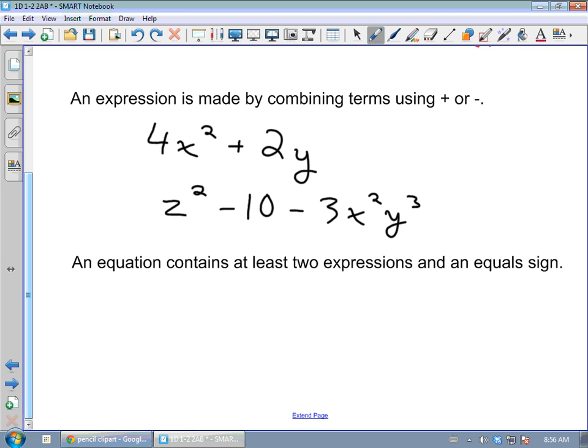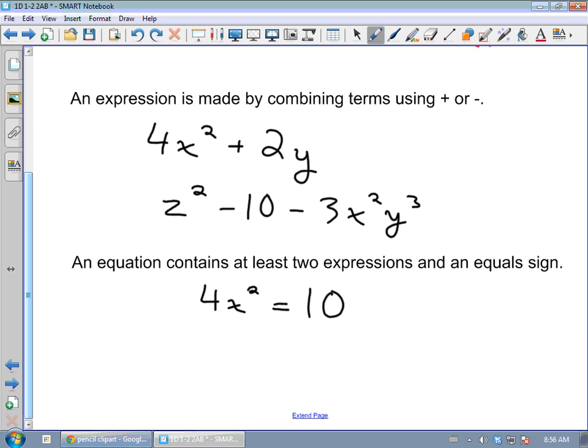And if we have an equation, we need at least 2 expressions and an equal sign somewhere inside this. So an equation always says that one expression is equal to another expression. So something like 4x squared equals 10 is an equation.